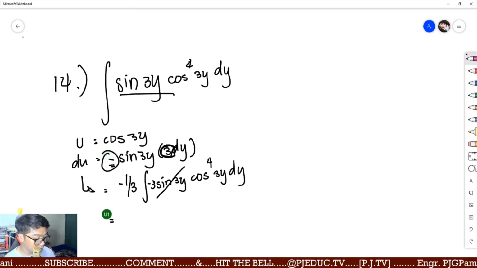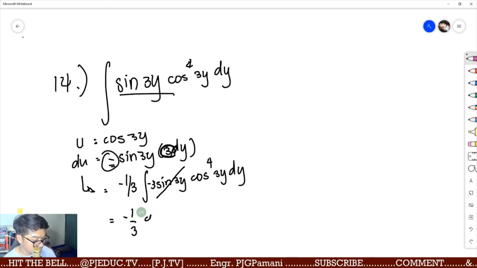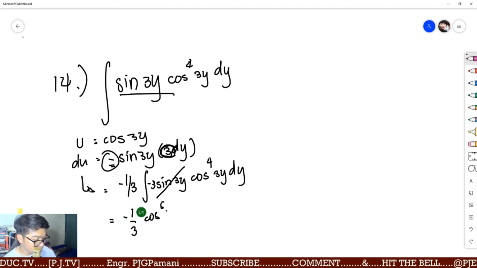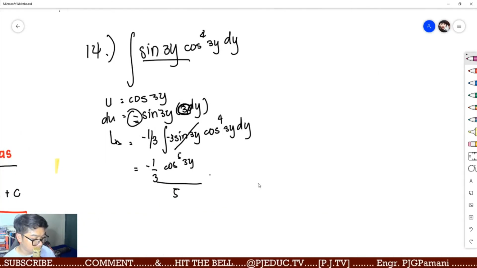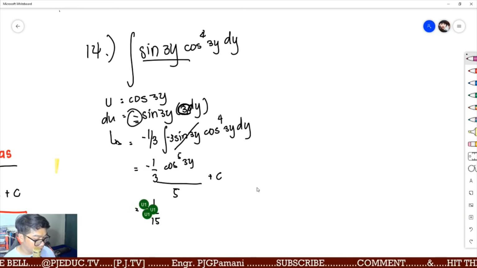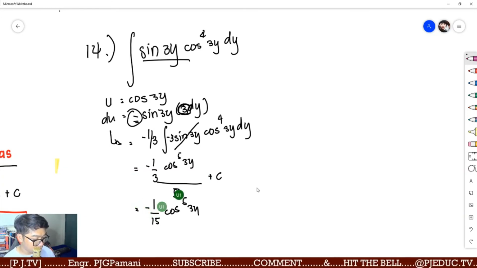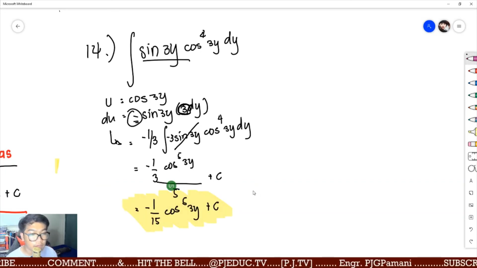Magiging 1 na lang yan. So negative 1/3 cosine 4 plus 1, so 5 3y over 5 plus c. Lastly, that is now negative 1/15 cosine 5 3y plus c. Ito na yung ating final answer.